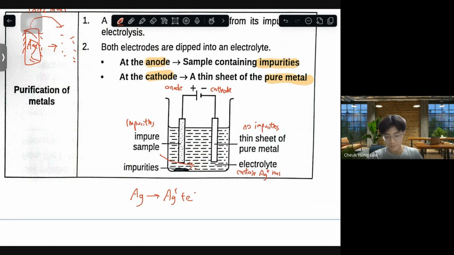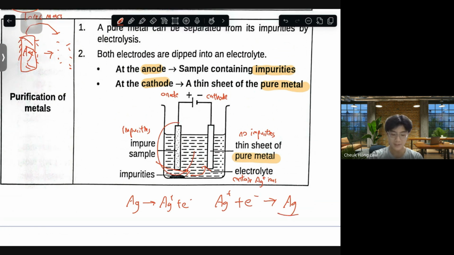Then your silver ions will travel and be attracted to the cathode, which is a negative terminal. Your cathode is the pure metal. What happens at the cathode? Reduction, right? Gain of electrons. So your silver ions gain electrons to form silver. Whatever silver is lost here will be transferred over here.